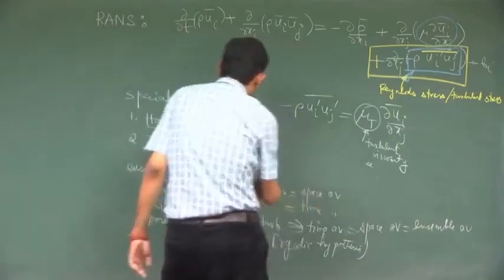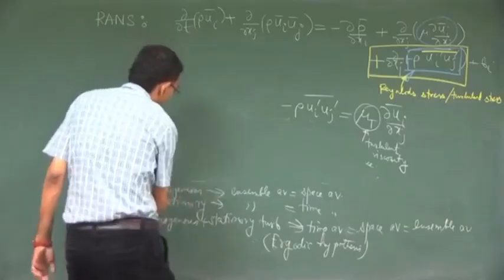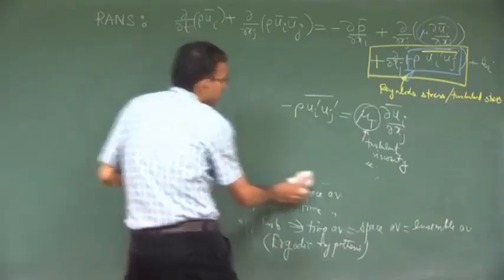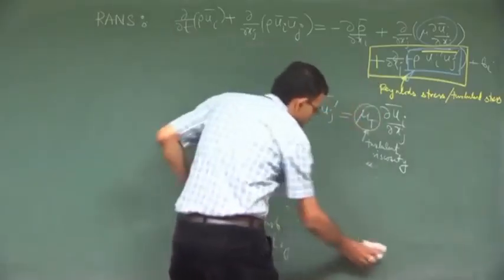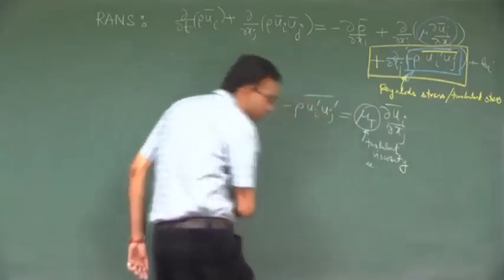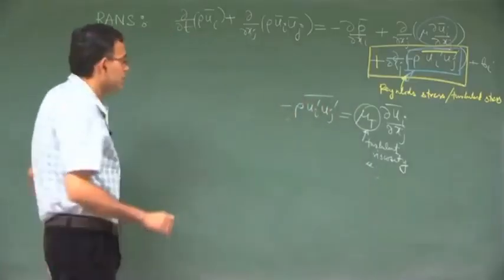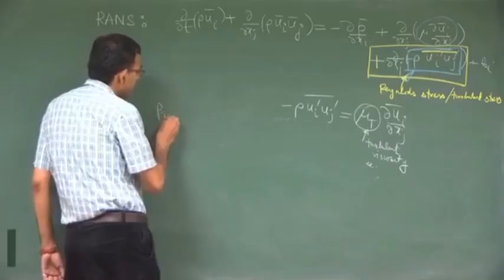So now we will discuss a little bit about this closure model, that how you can close this system of equations. I will talk about one classical model which is called Prandtl's mixing length model.